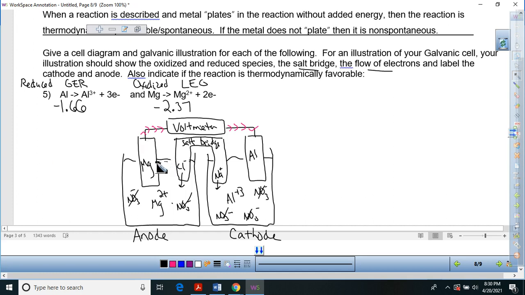All right, so we need to show the aluminum gaining electrons. So we need to write our half reaction showing it gaining electrons. And the magnesium side, we need to show it losing the electrons.